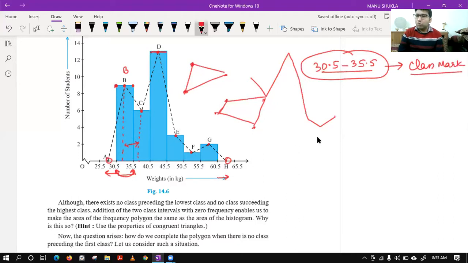So we try to find out the class mark, that is 30.5 plus 35.5 upon 2. That becomes 66 upon 2, that is 33. So this is actually 33. Then this will be how much? 38. Because there is a gap of 5, so we will just keep on finding these points this way.